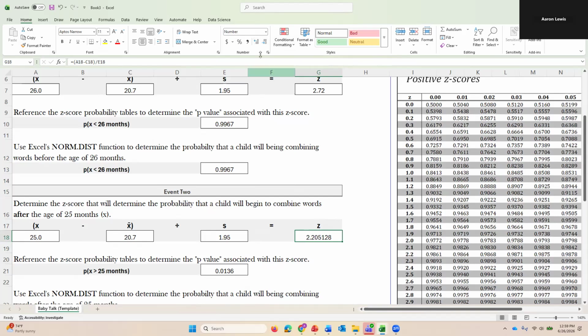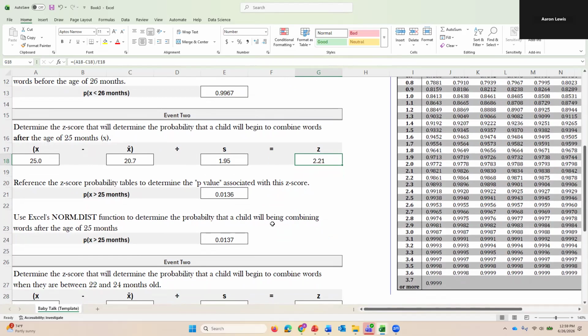So it's my long-form way of saying that if you get a number using the norm.dist function that is slightly different than what you would get from the chart method, you didn't do anything wrong. It's just because the chart rounds to the nearest hundredth and the norm.dist function takes into consideration every single decimal place in your z-score.